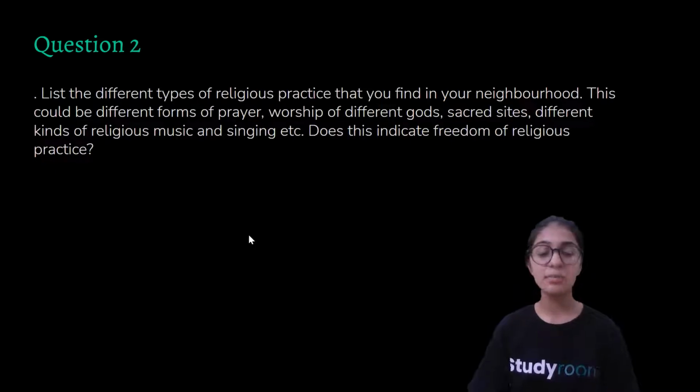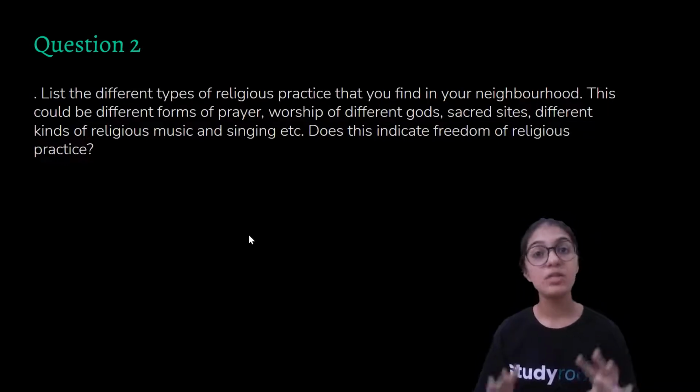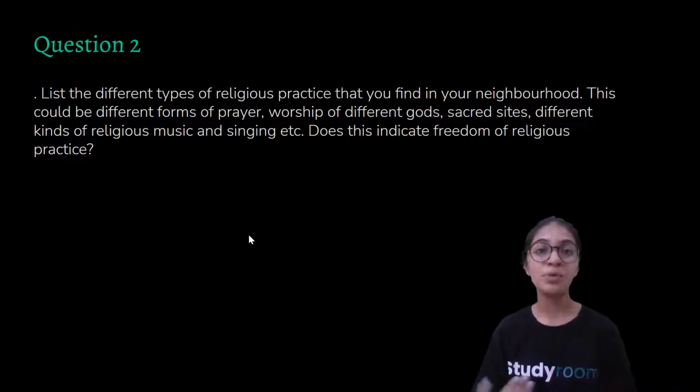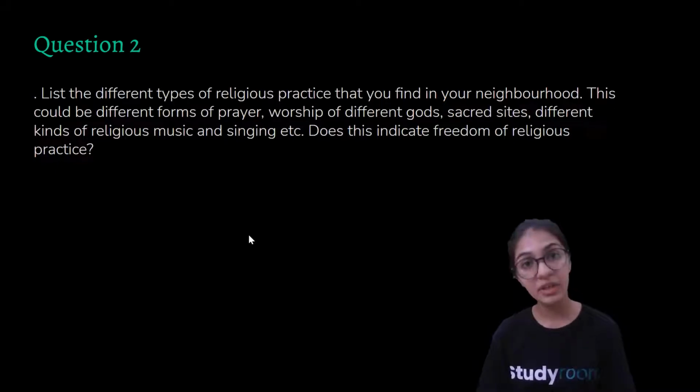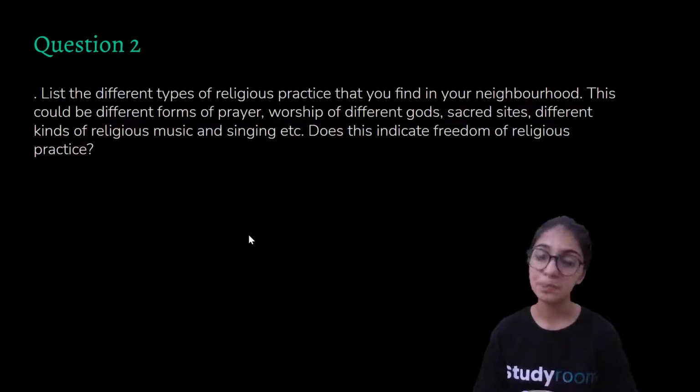All right. And similarly, if there is Eid, the Muslims will celebrate Eid. If there is Janmashtami, that is a festival of Hinduism. So if Hindus are celebrating Janmashtami in the society, the Sikhs will not ask them to not celebrate it, right? So this basically indicates that there is religious freedom amongst all the citizens of the country. Neither the government can intervene in this case, nor the people of the society, the citizens of the country.